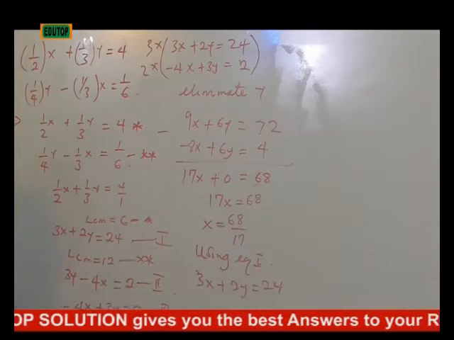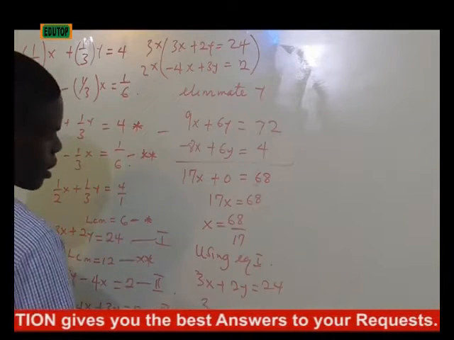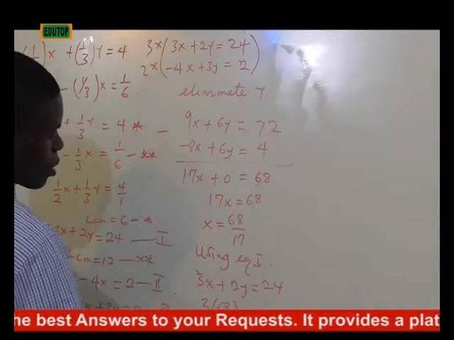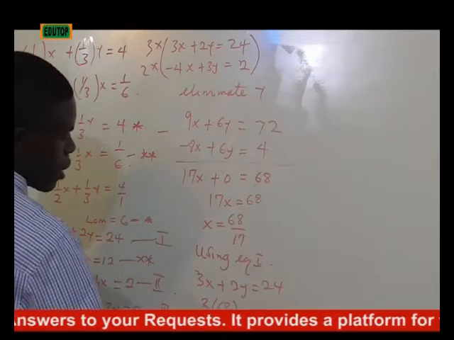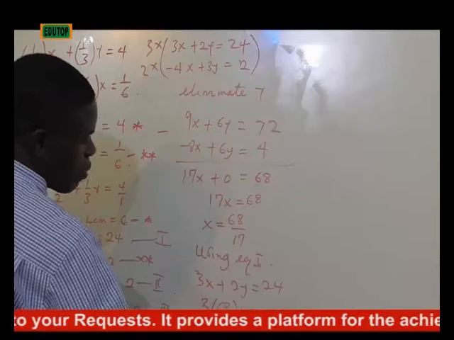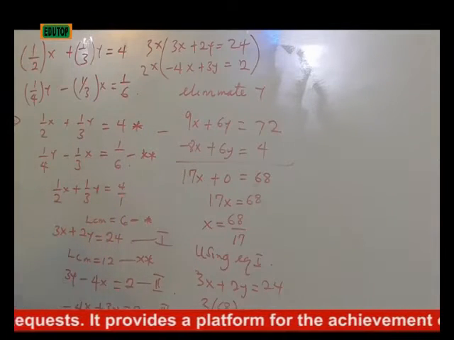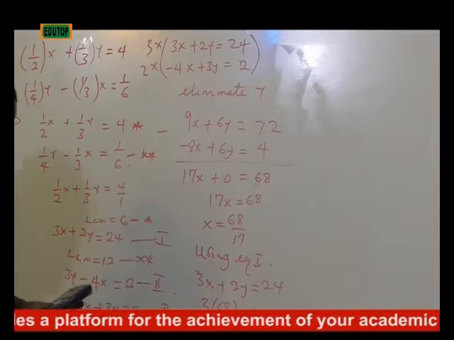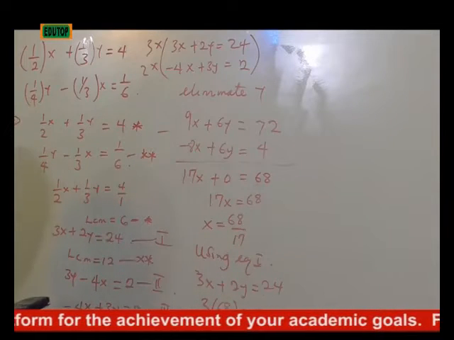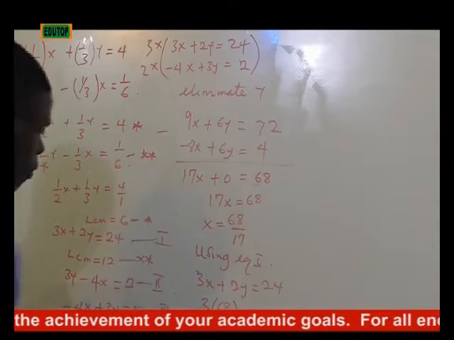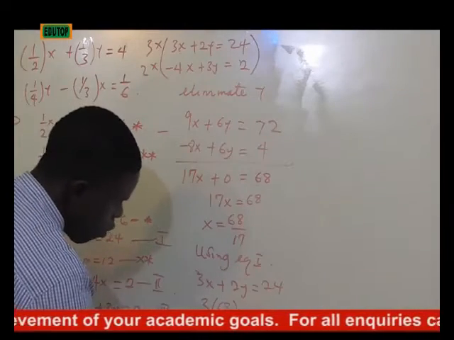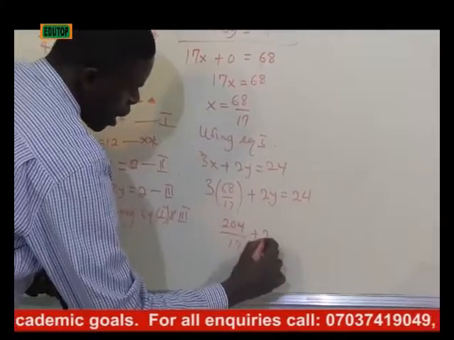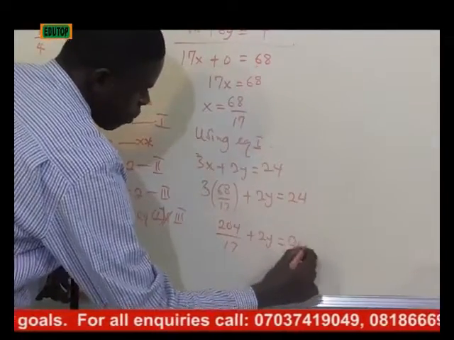And since this is my x, 3 into 68 over 17 plus 2y equals 24. So by using 68 times 3, that gives 204. As 204 over 17 plus 2y equals 24.